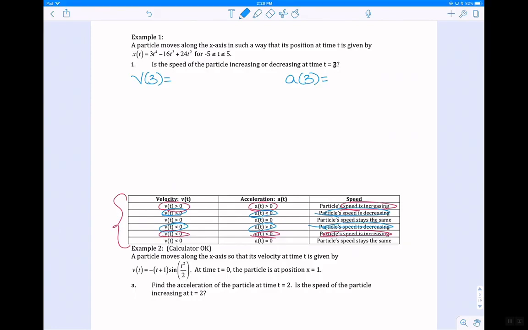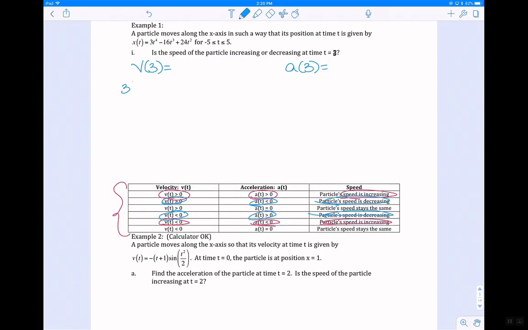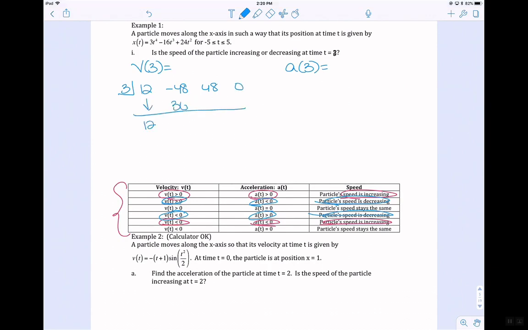To find v of 3, we are going to plug 3 into our velocity equation. But I'm going to do it with synthetic division just because it's a little bit easier to keep all the arithmetic organized. So 12, 36, negative 12, negative 36, 12, 36, and 36.